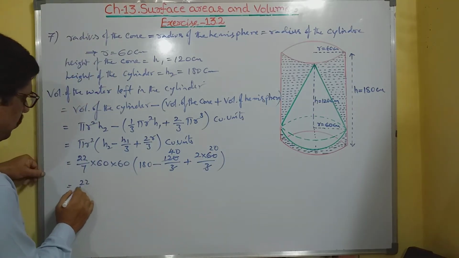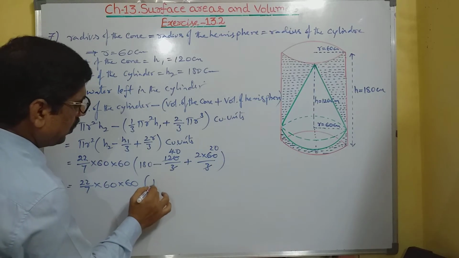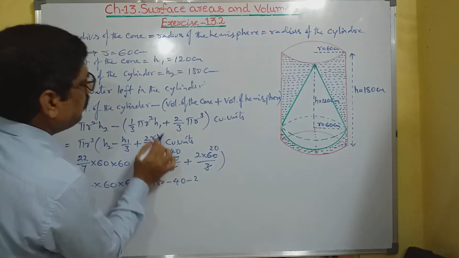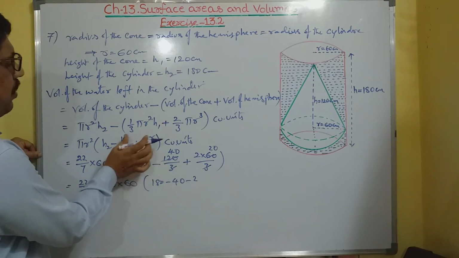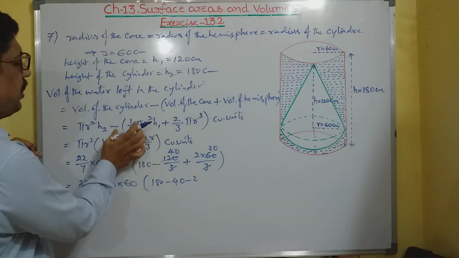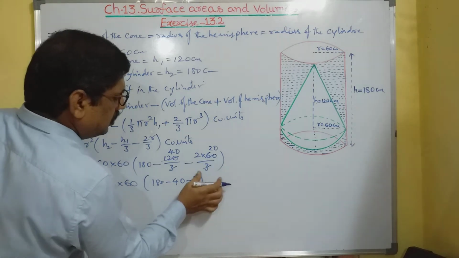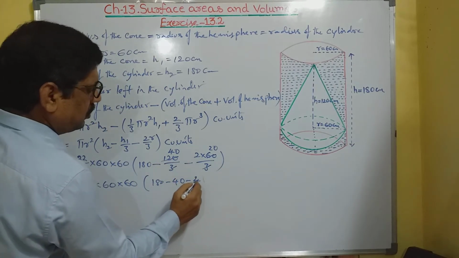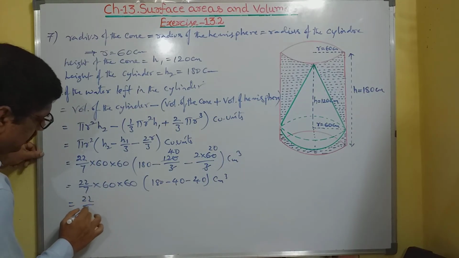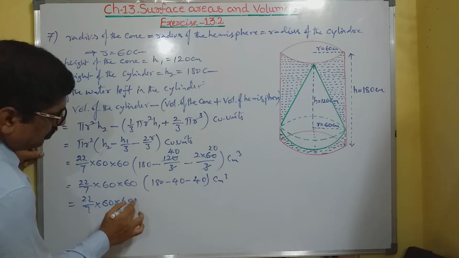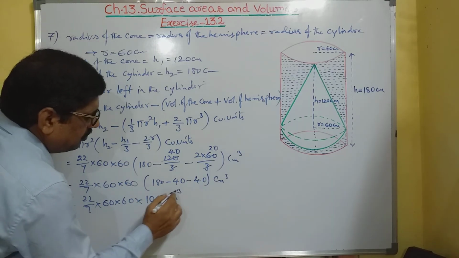So we get 22 by 7 into 60 into 60 into 180 minus 40 minus 40. After opening the bracket, the plus becomes minus. So 22 by 7 into 60 into 60 into 100 centimeter cube.